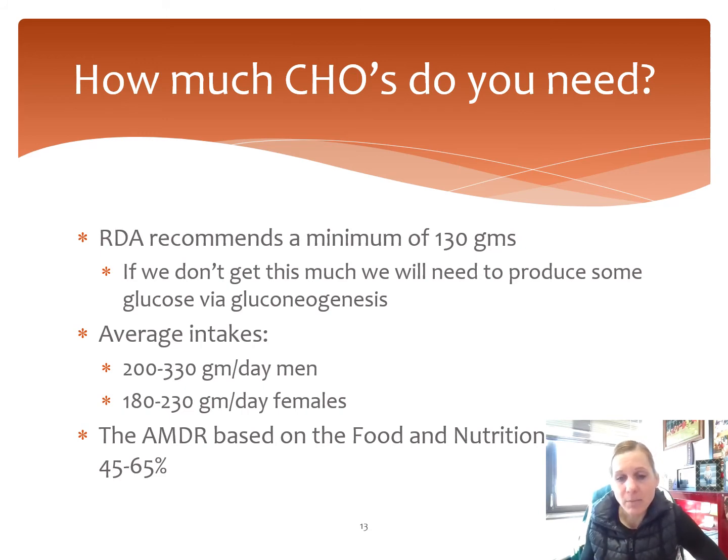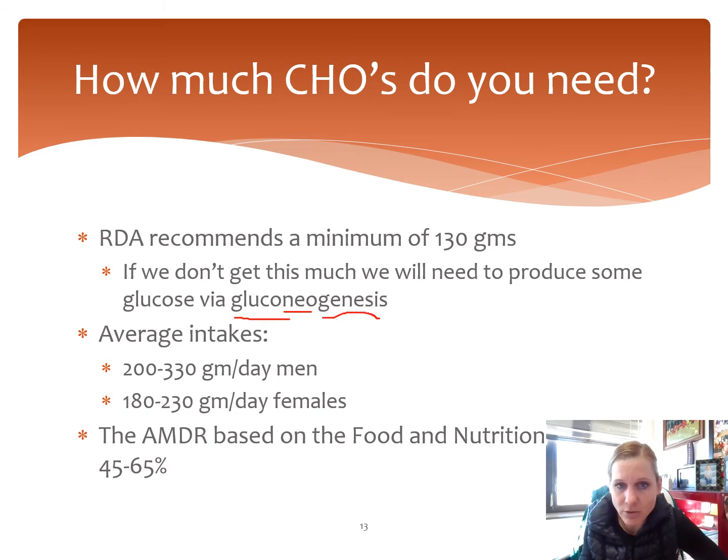So if we don't get this much, we need to produce some glucose via gluconeogenesis. This is a term I want to point out to you. Gluco means sugar, neo means new, like a neonatal unit is for new babies, and genesis means to create.